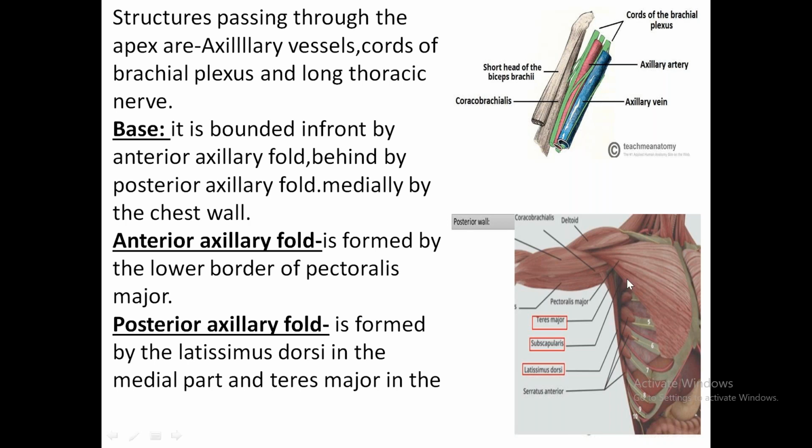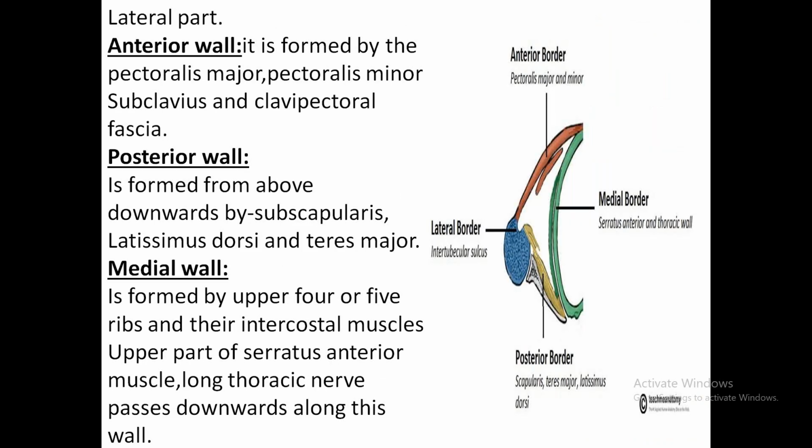Base: it is bounded in front by the anterior axillary fold, behind by the posterior axillary fold, and medially by the chest wall. The anterior axillary fold is formed by the lower border of pectoralis major. The posterior axillary fold is formed by the latissimus dorsi in the medial part and teres major in the lateral part.